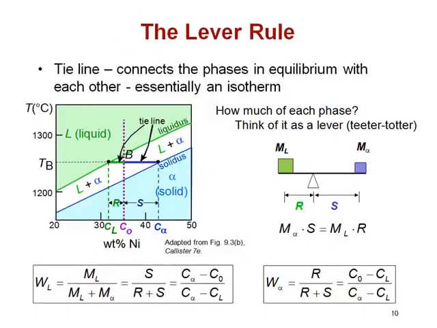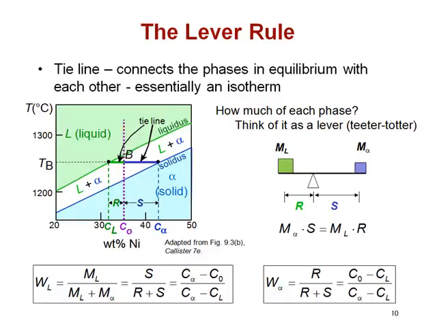Okay. And this is the lever rule, as I just mentioned. When composition is closer to liquidus, of course, we have more liquid. When it is closer to solidus, then of course we have more solid phase, depending on where it is. It's a tie line rule. If the length of one side is shorter than the other side, it means that there is more weight, because it has to balance.